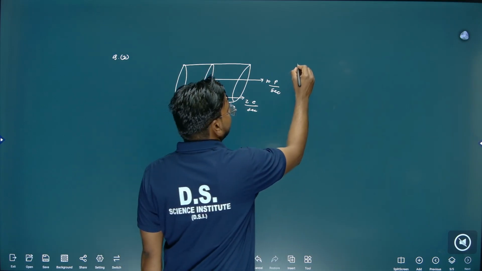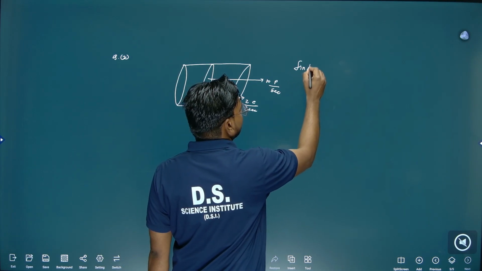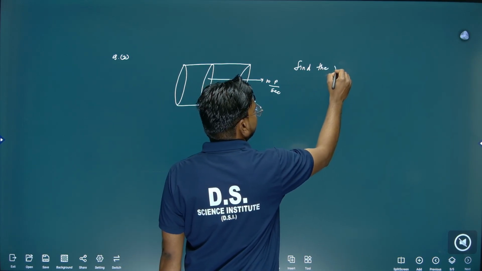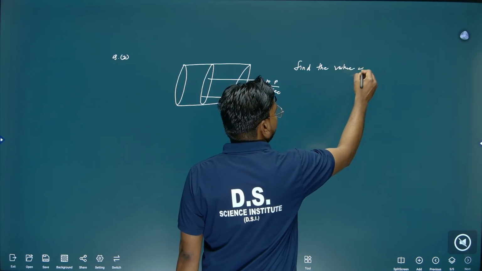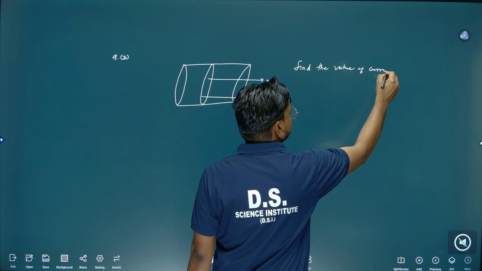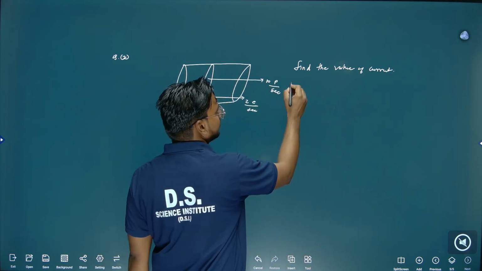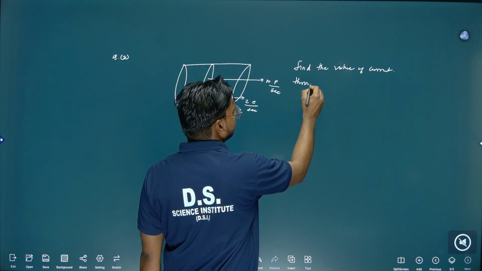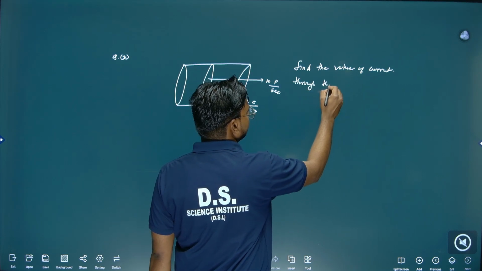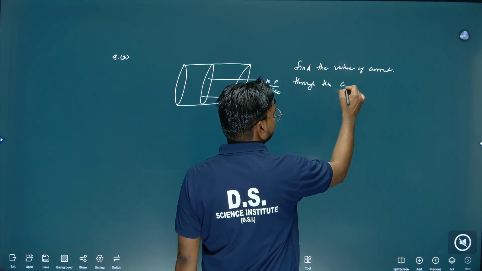Then we have to find the value of current through this cross section.